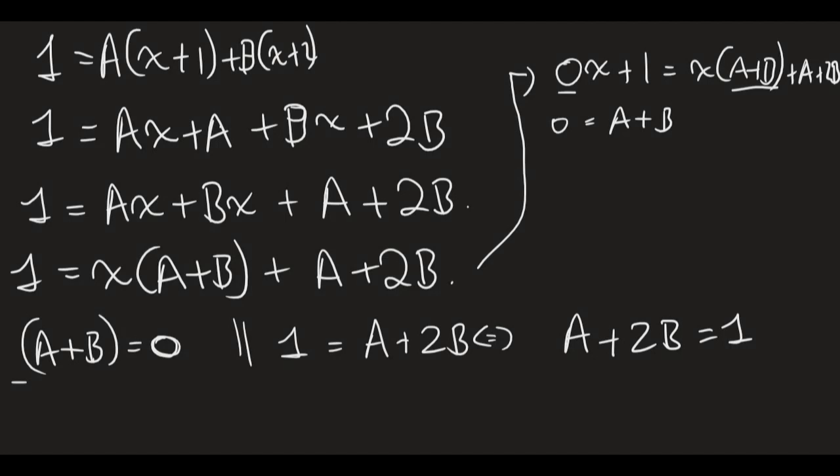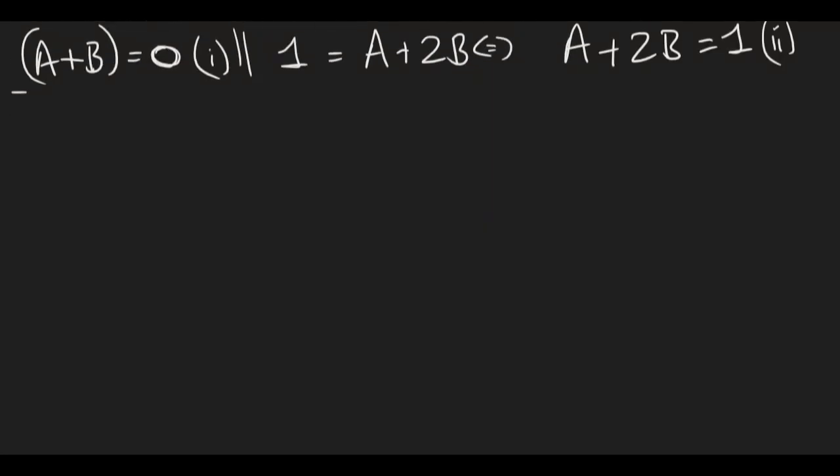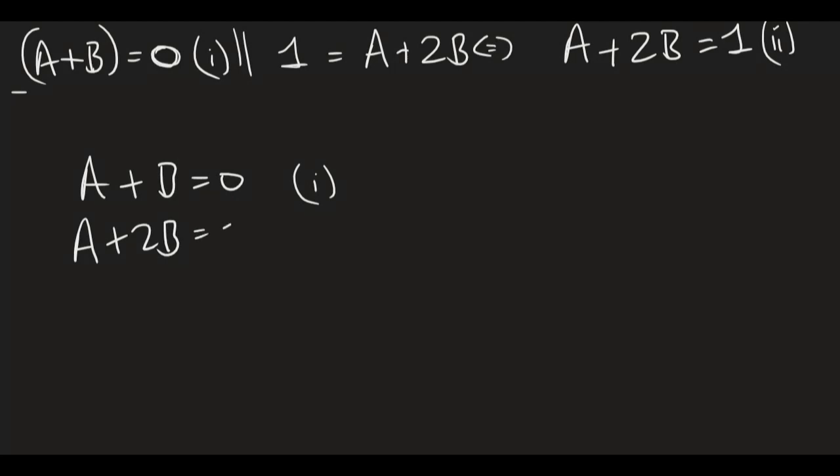And now we have two equations, this one and this one. So we have simultaneous equations, and hopefully we know how to solve those. So a plus b equals 0 is our first equation, and a plus 2b equals 1 is our second equation.